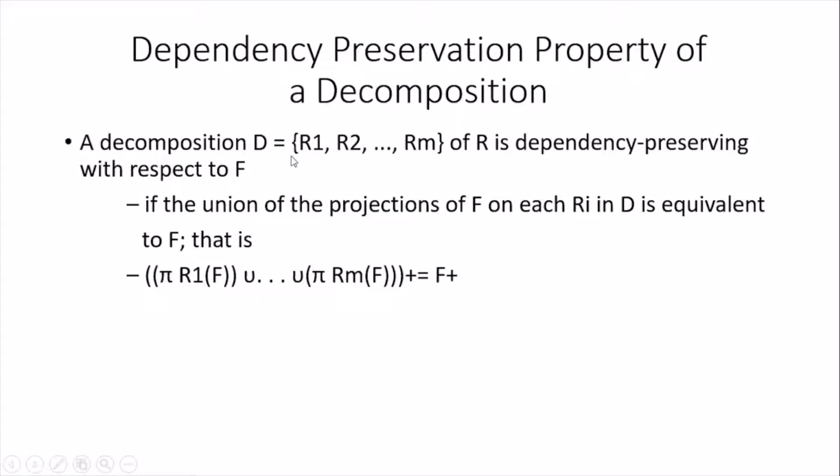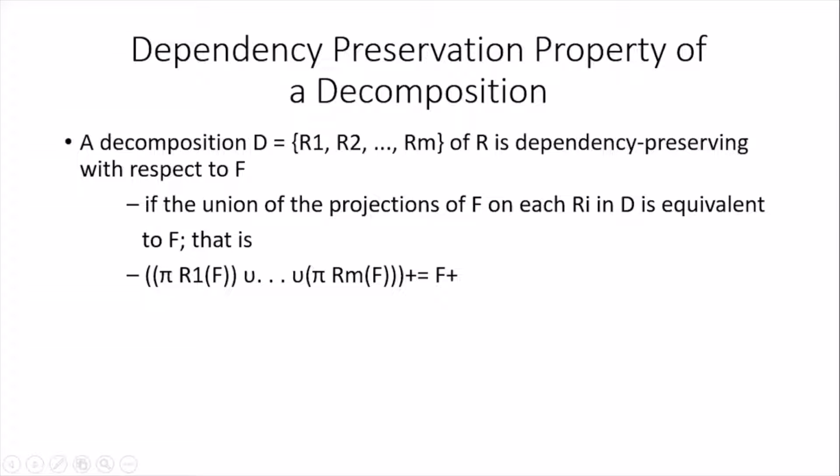A decomposition D equal to the set R1 to Rm of this capital R is dependency preserving with respect to F, where F is the functional dependency set, if the union of the projections of F on each Ri in D is equivalent to F. So you have R1 to Rm relations, and you take projections of F on each of these Ri and take their union.